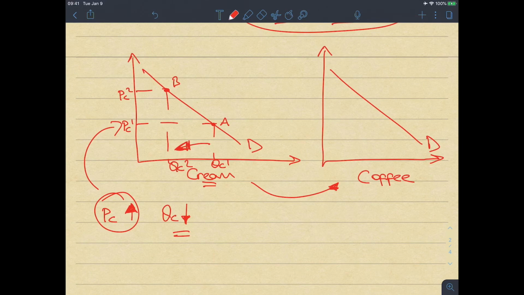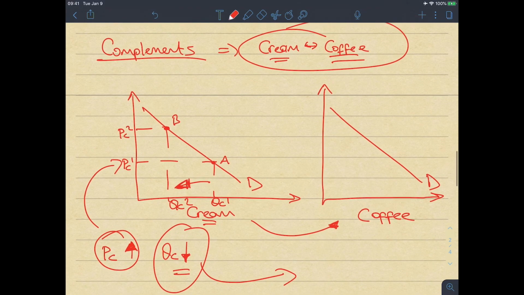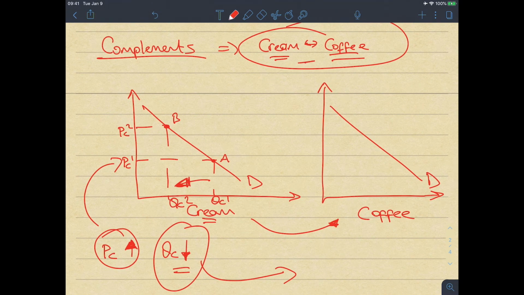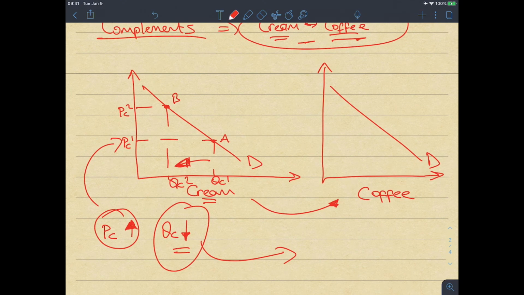So since you're consuming less cream, that means you're going to consume less coffee, because you are a person who wants to consume the coffee with the cream only. So basically, this change coming from the cream market is not going to be considered as a change in the price, but instead it's going to be considered as a change in a non-price factor.